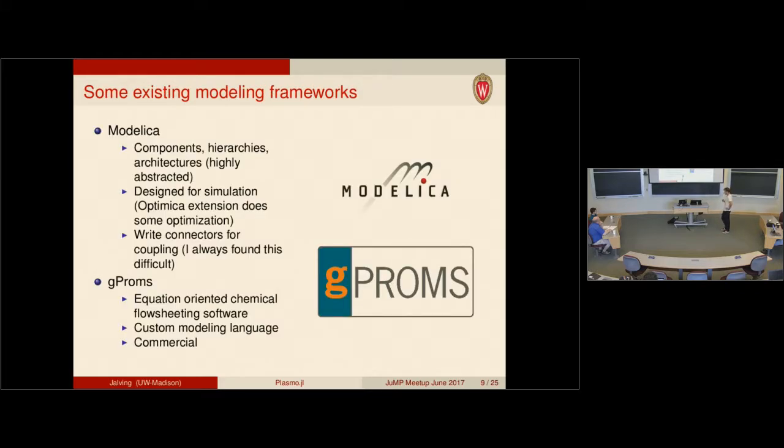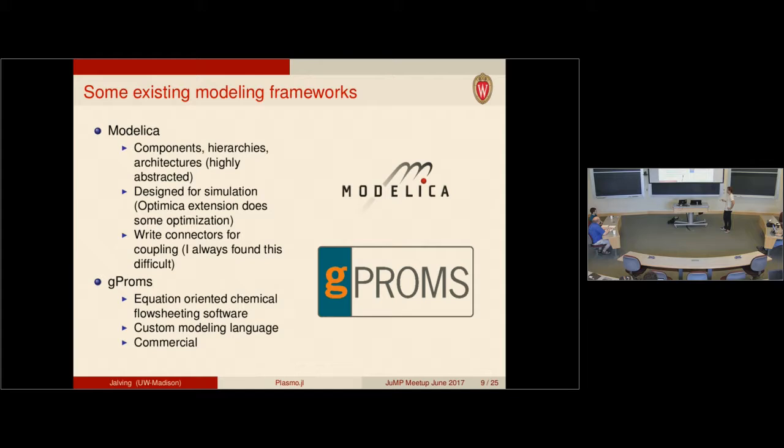And so, approaching this package, again, my background's in chemical engineering. I had a little bit of experience with the Modelica platform, which is a component-based modeling platform that came out of the mechatronics community in the 90s. It has a strong following, but again, it's very simulation-based. People have designed Optimica and further past that, JModelica, which is more of an optimization interface that sits on top of Modelica.